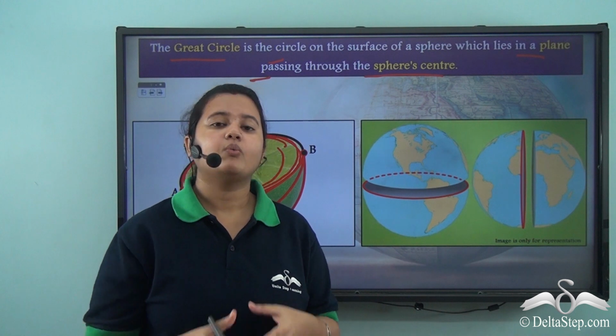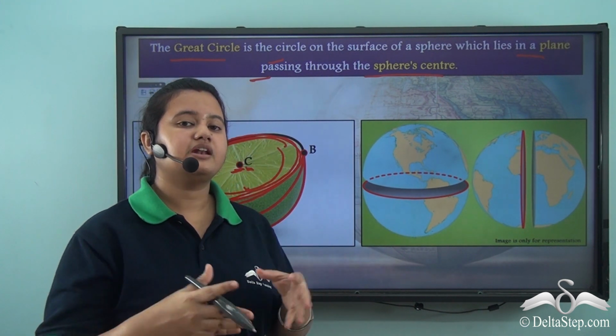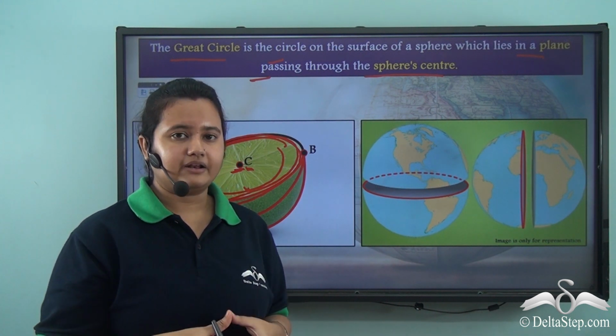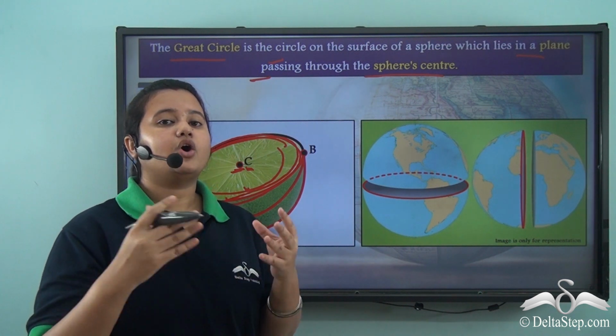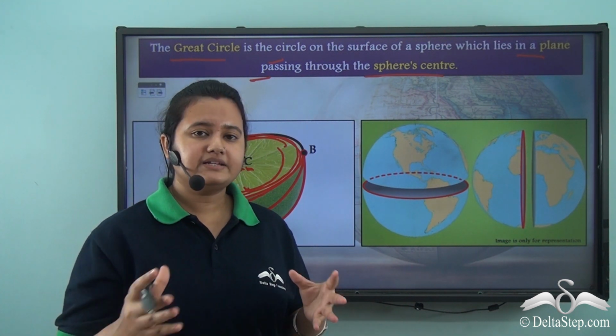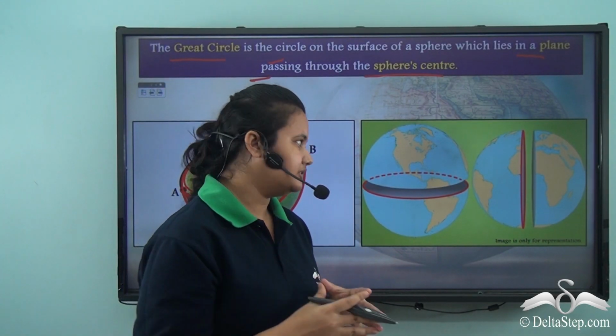If you remember, while explaining the equator, I mentioned that equator lies in the orbital plane and it makes an angle of 0 degree with the orbital plane. Now orbital plane is a plane which contains the center of the earth.